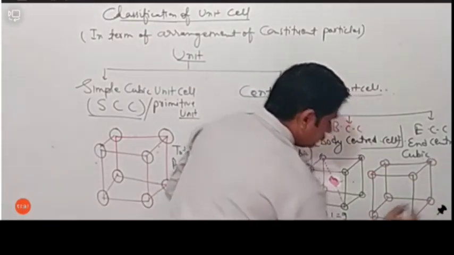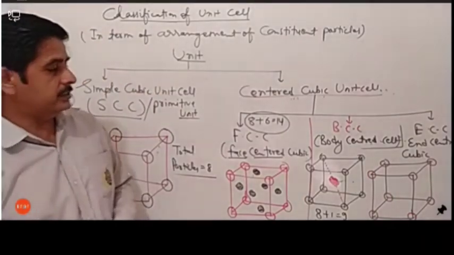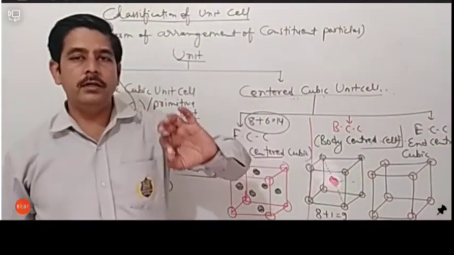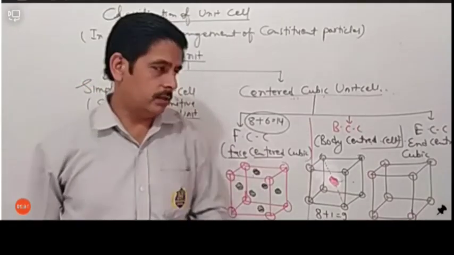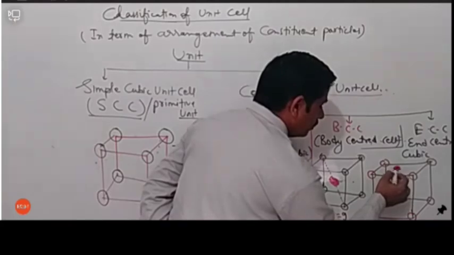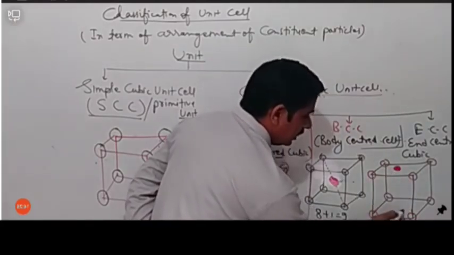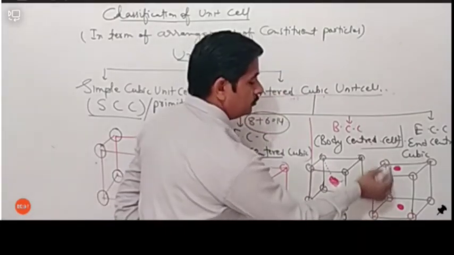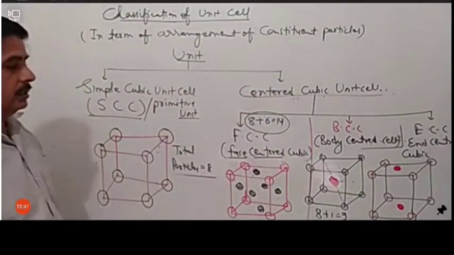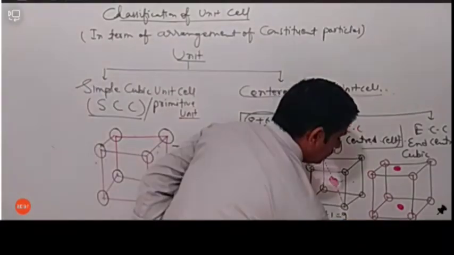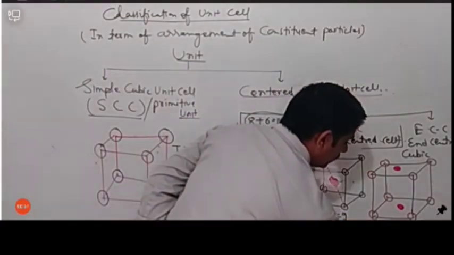And then, as its name says, end-centered. In the center of one face there is one particle, and this is the center of another face. So we will have two more particles besides the 8. So here 8 plus 2 equals 10 particles in the end-centered.